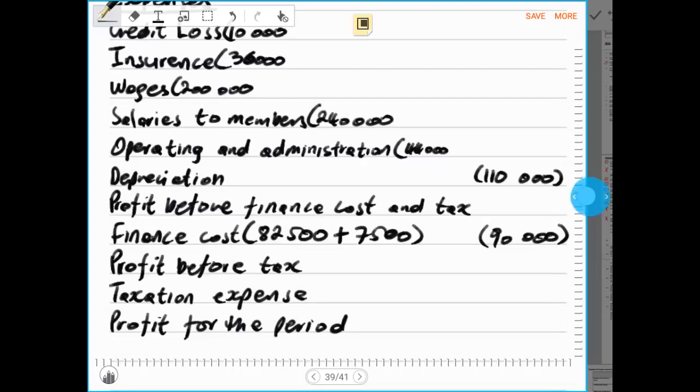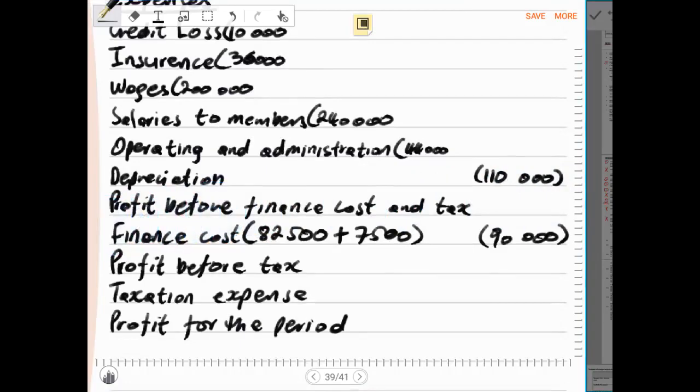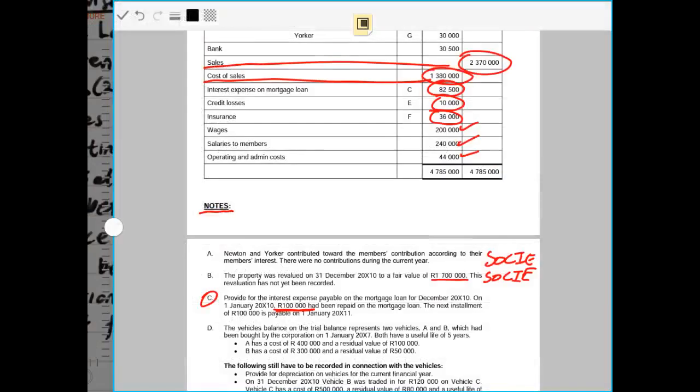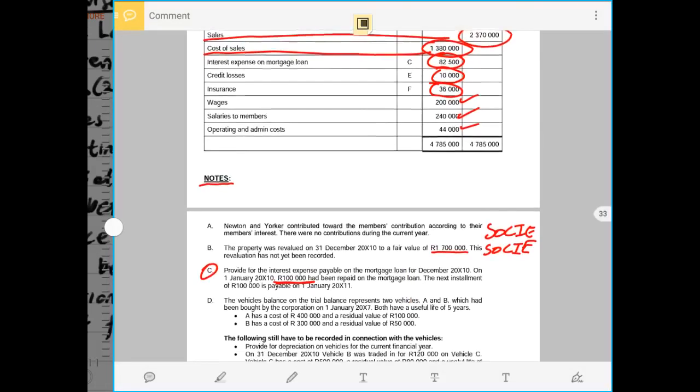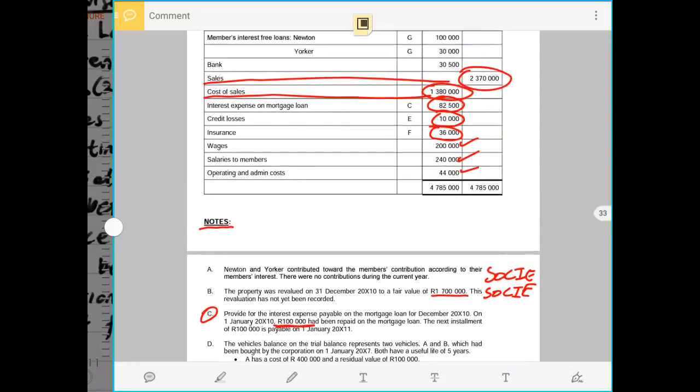Therefore, now let us go ahead with other adjustments. So now we have accounted already for the interest expense in the trial balance, and we have accounted for the accrual.